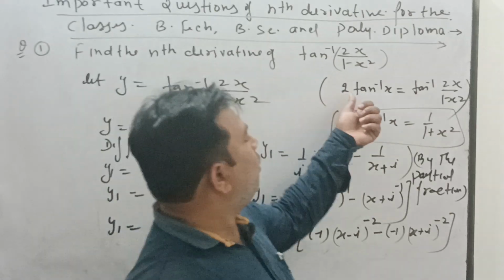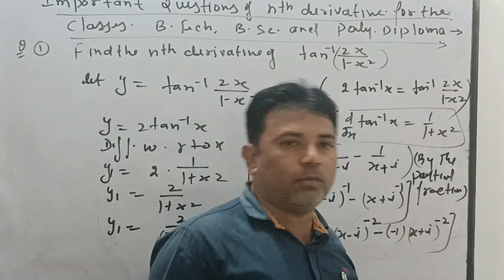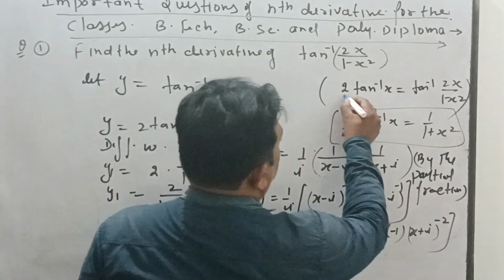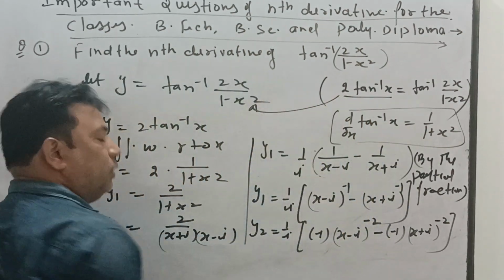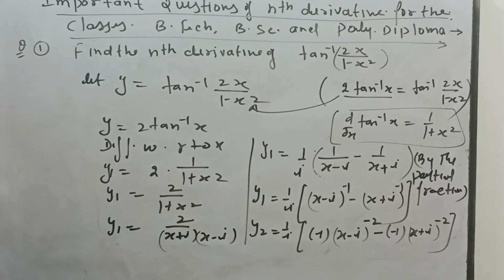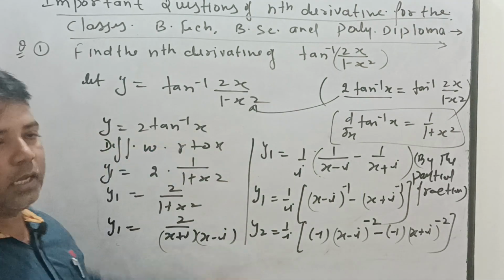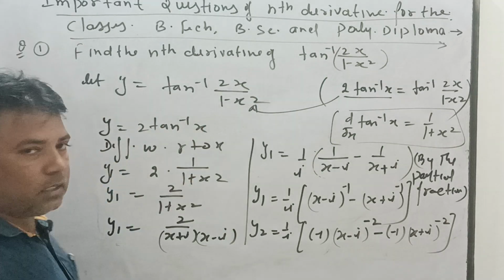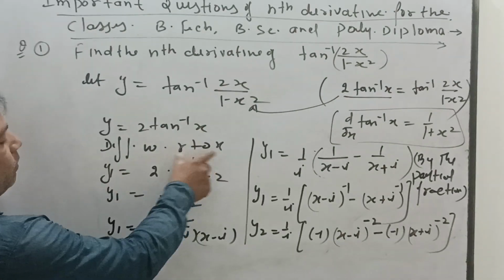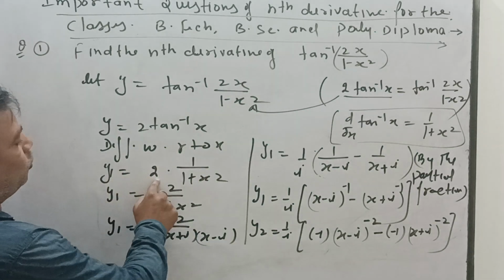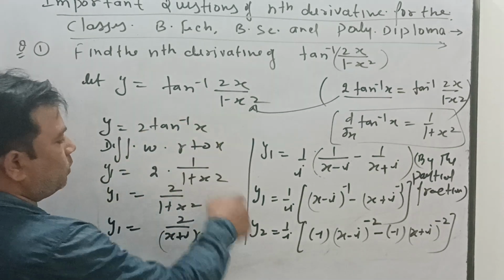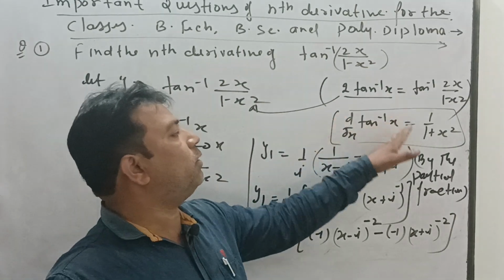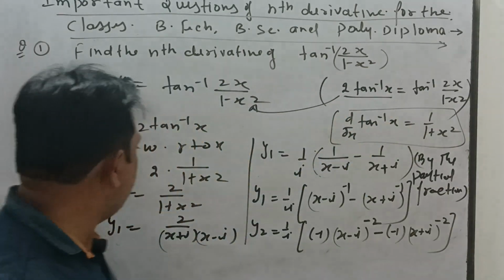We know the formula 2 tan inverse x equals tan inverse of 2x upon 1 minus x square, so we write 2 tan inverse x in its place. Do you all understand? Now y equals 2 tan inverse x. Differentiating with respect to x, y1 equals 2 times 1 upon 1 plus x square, since d over dx of tan inverse x equals 1 upon 1 plus x square.